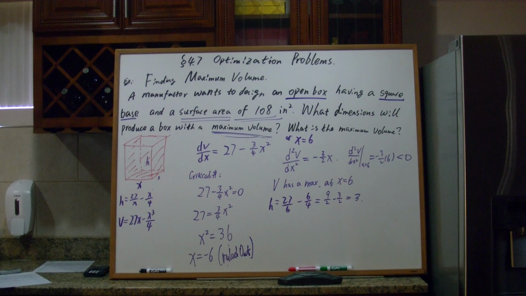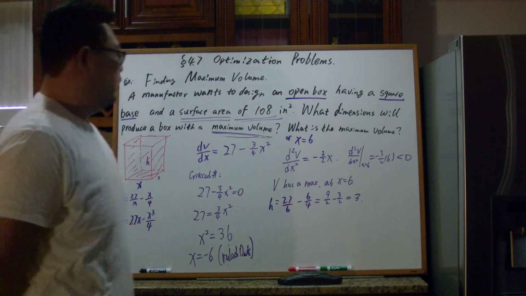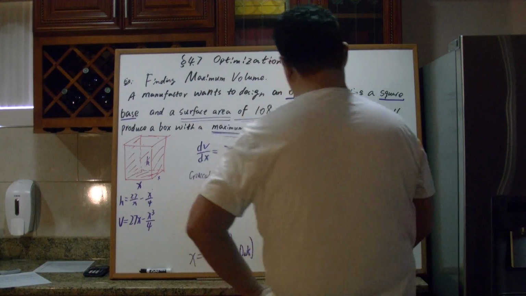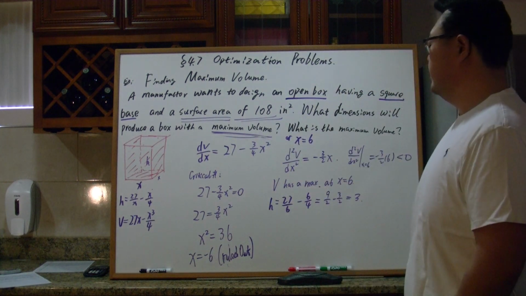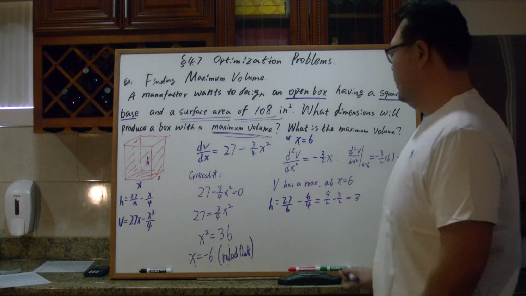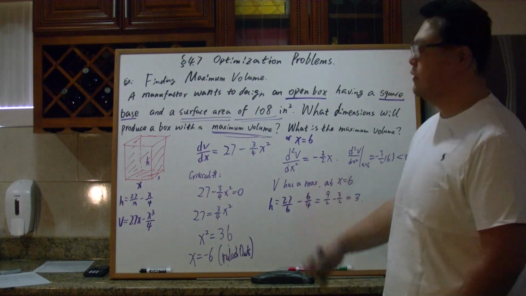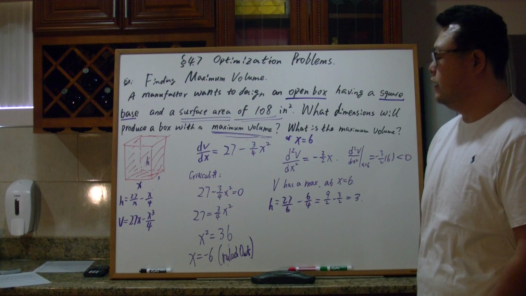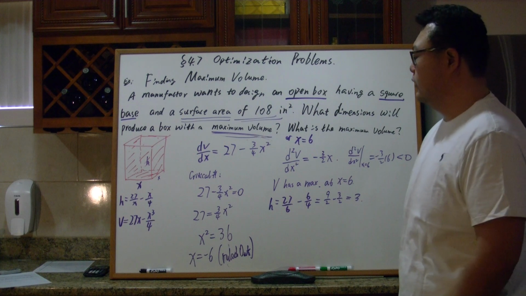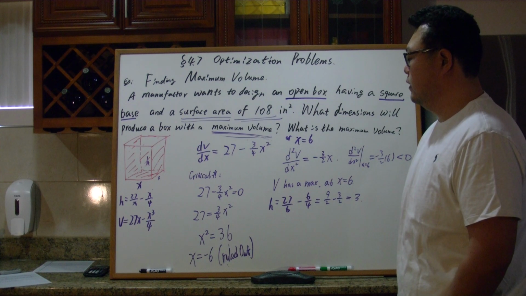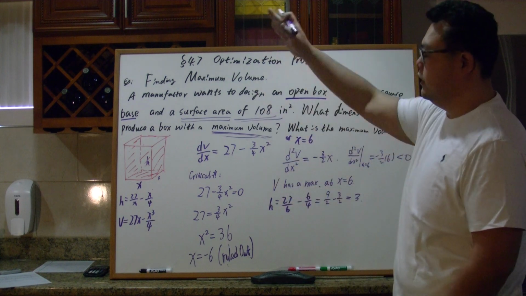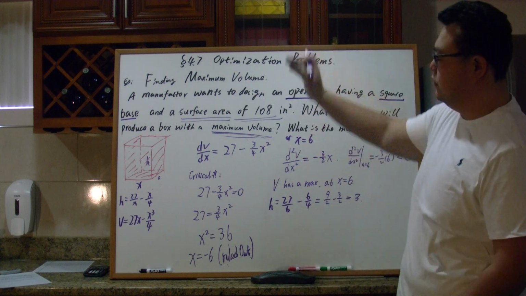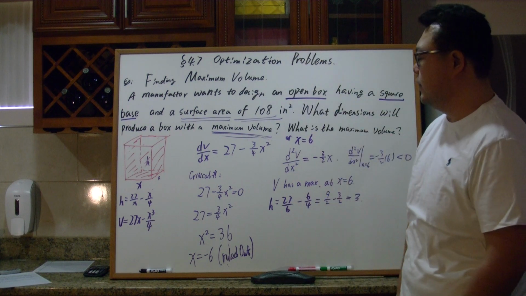Right, so besides any extreme case, we get the height to be 3, the maximum where x is 6. That has to be the maximum because that's the only case we have. The function itself goes from 0 to 0, it increases and decreases, so we get 6 to be the relative maximum.